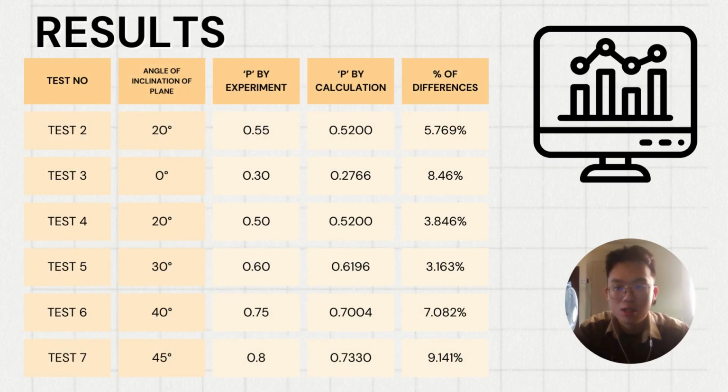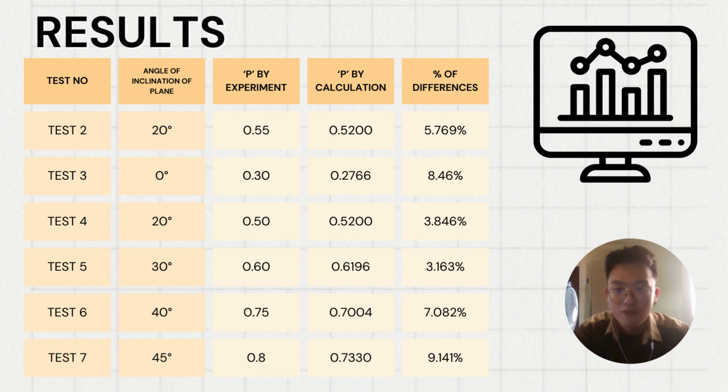My name is Yong. Now, in this slide, I'll present about the results of our test on the angle of inclination of a plane and its effect on P, which is the applied force. We conducted 7 tests with angles ranging from 0 degree to 45 degree. The experimental values of P were compared against the calculated values, and the percentage differences between these two sets of values were recorded.